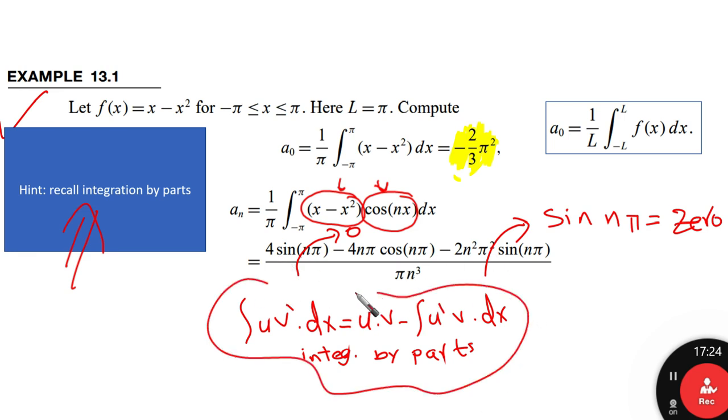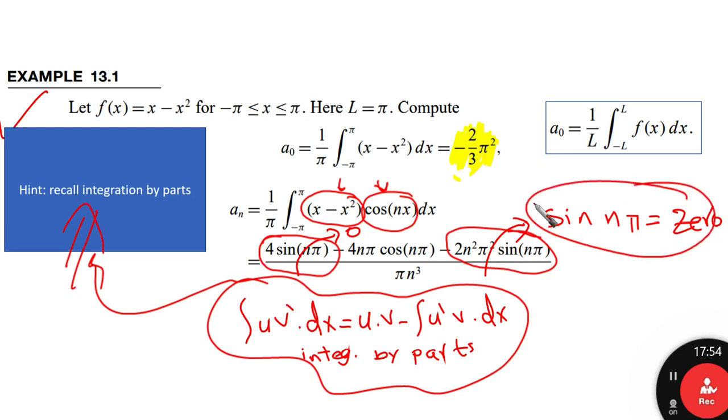You get 4 sine n pi minus 4n pi cosine n pi minus 2n squared pi squared sine n pi, over n cubed pi. Without thinking too much, sine n pi is always exactly 0, so those two terms cancel out. We end up with the remaining middle term, which is 4n pi cosine n pi over n cubed pi.